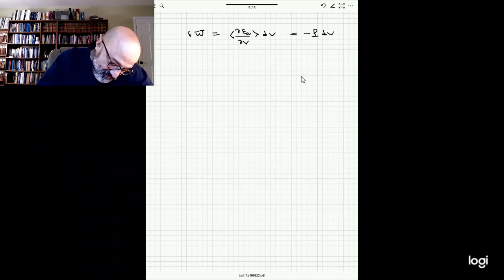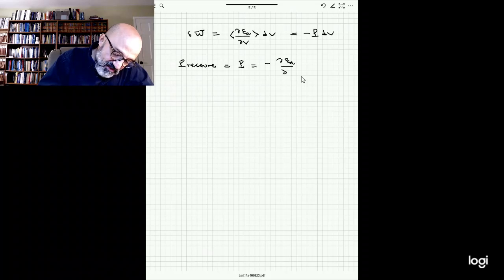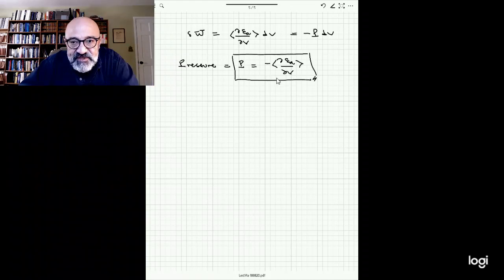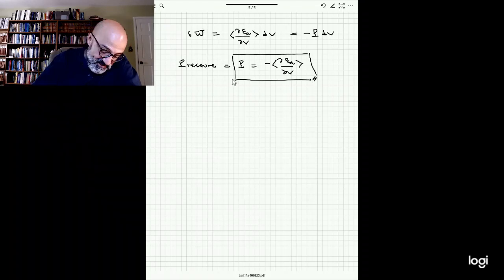So the pressure is P, which we write as minus the expected value of dE/dV. So here we have yet another expression in which we make a connection between the microscopic description and the thermodynamical description.